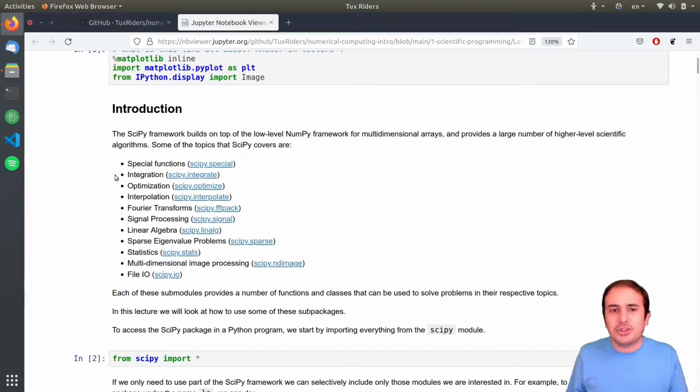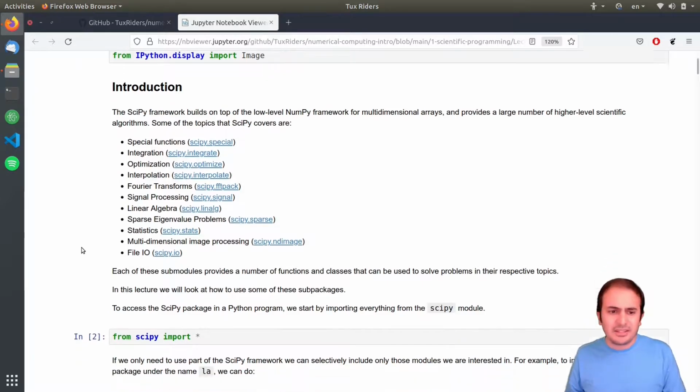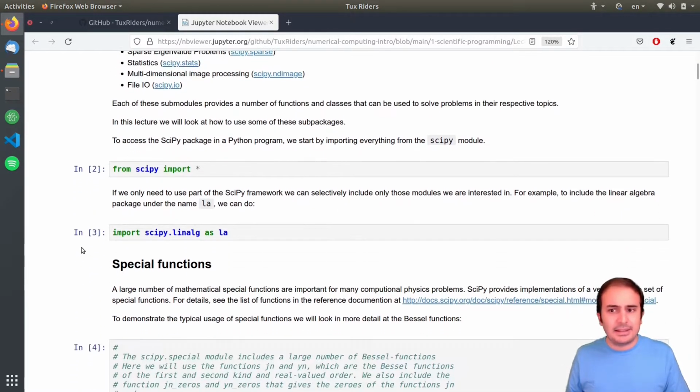It has functions for numerical integration, for optimization, for interpolation, for Fourier transforms, for signal processing, linear algebra, which is very important for solving linear systems of equations, and also statistics and file I/O, similar to NumPy. So let's go for that, and not waste time on this general introduction.